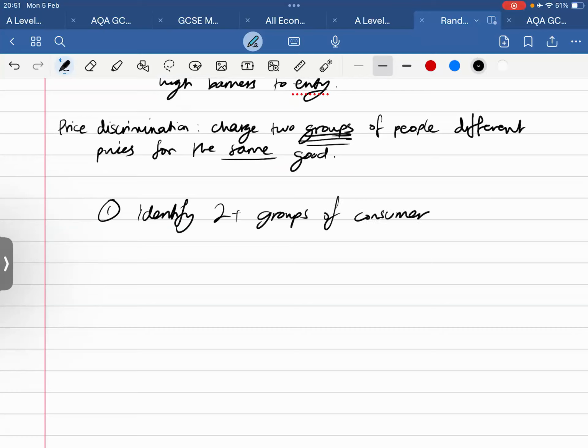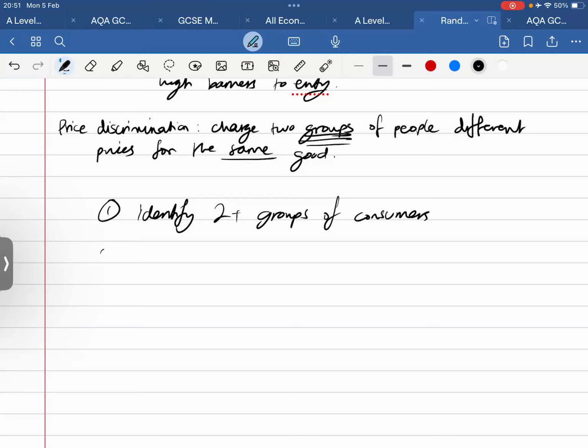For example, student and non-student, or people buying today and people buying tomorrow. If you can't identify them, you can't just randomly give people different prices. You have to be able to say this is a certain group and this is a different group. So when you're doing examples, the easiest example is just a student and a non-student.